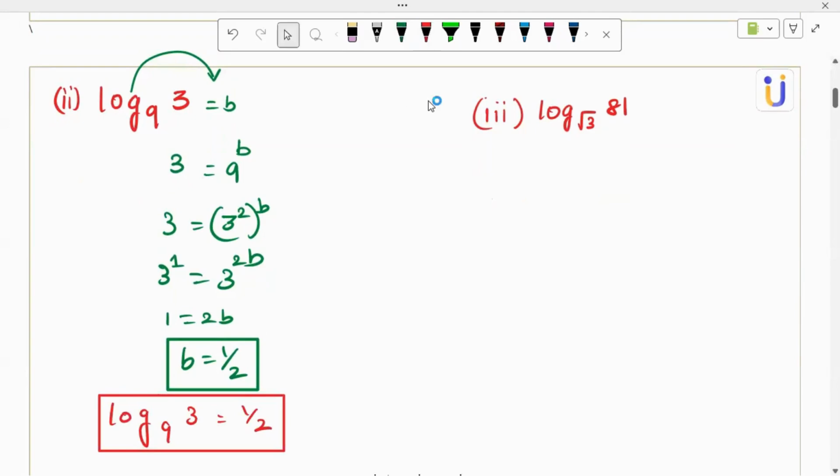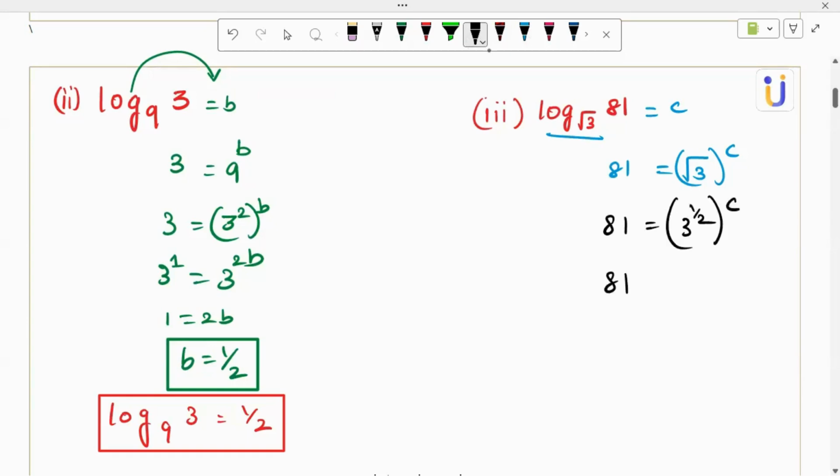Quite simple. Same thing we are going to apply for this. So log base root 3 of 81 equals, let it be c. Log base root 3, when you transpose, root 3 to the power c, and make sure the whole power c, equals 81. Now root 3 means what? It's 3 to the power half, and then whole power c. 81 equals 3 to the power, and power to power will get multiplied, c over 2.